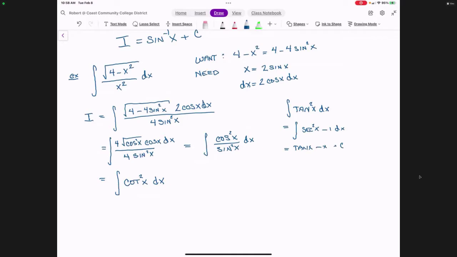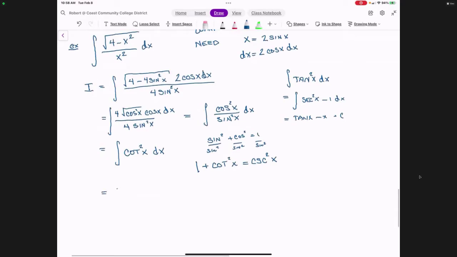Okay. So what is the corresponding cotangent identity? Now if you don't know, figure it out. Just write sine squared plus cosine squared is 1. If I divide everything by sine squared, we have 1 plus cotangent squared of x equals cosecant squared x.